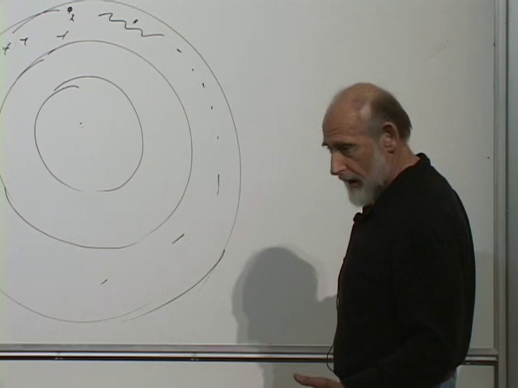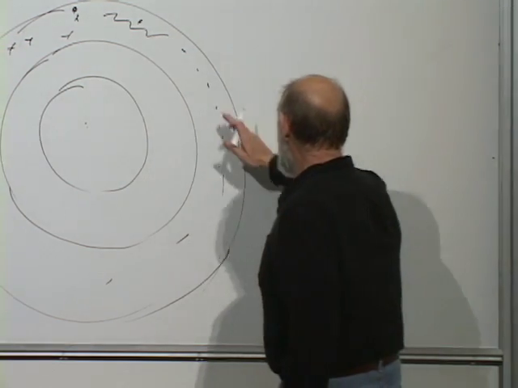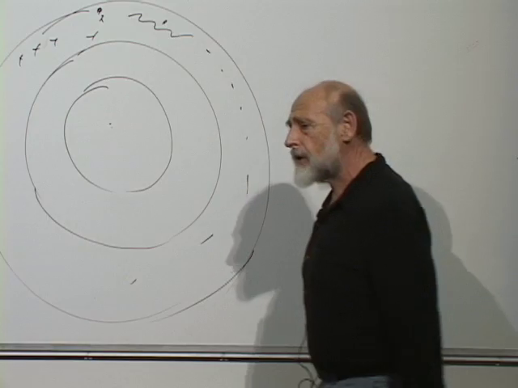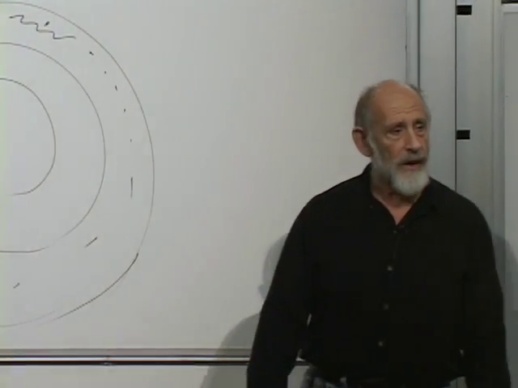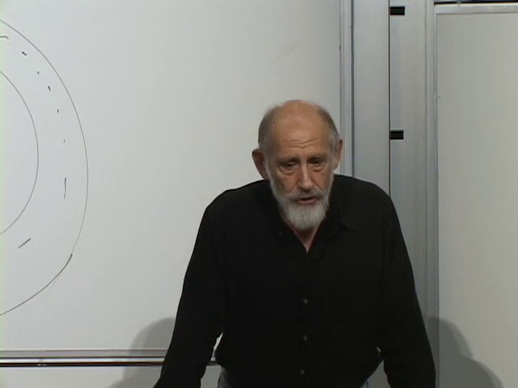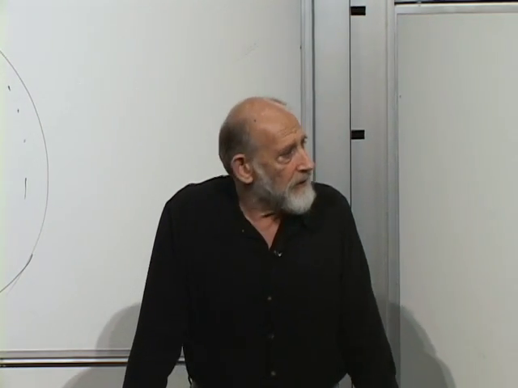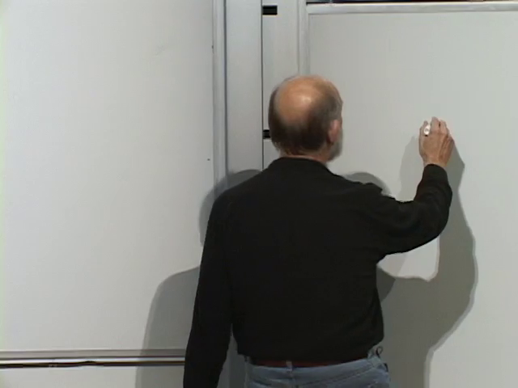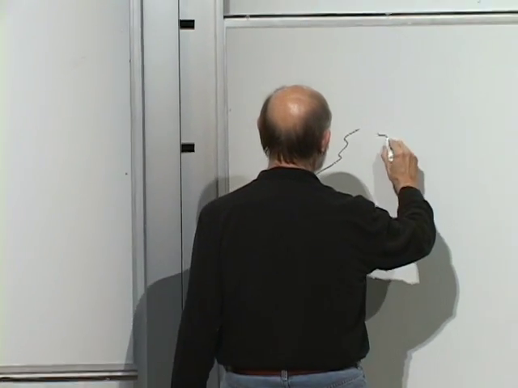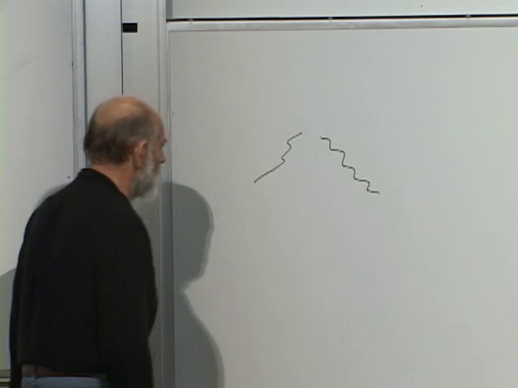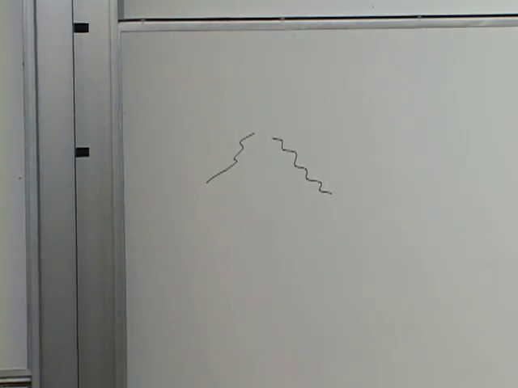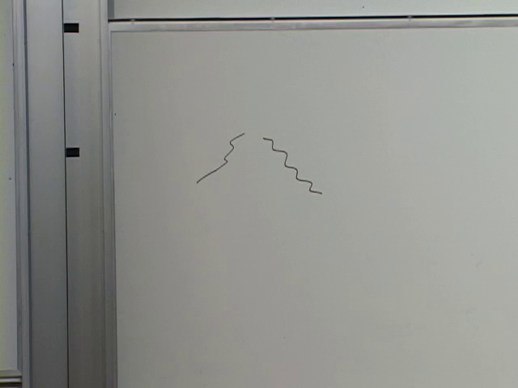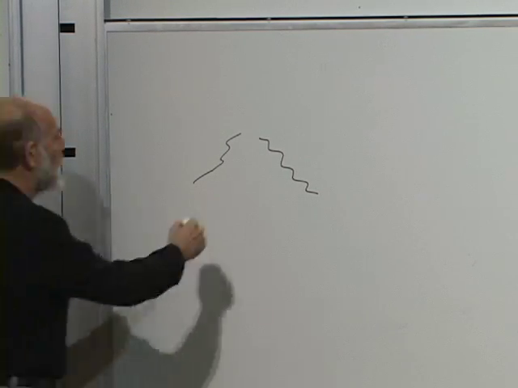Ordinary matter except ionized. Now, as we go out, we eventually come to a temperature which is high enough that when two photons collide, the wiggly lines represent photons. The two photons collide.